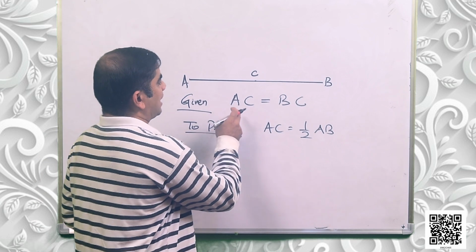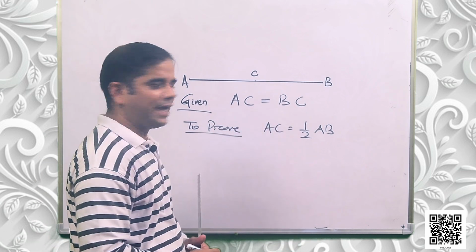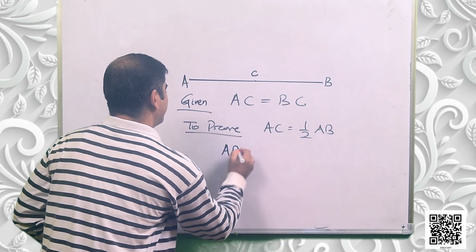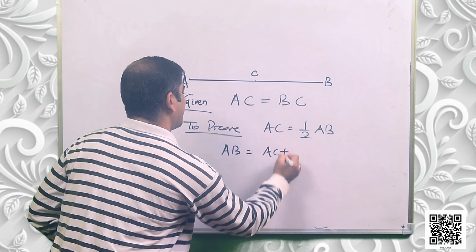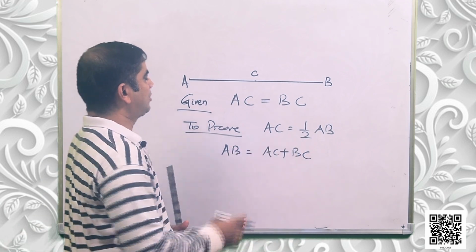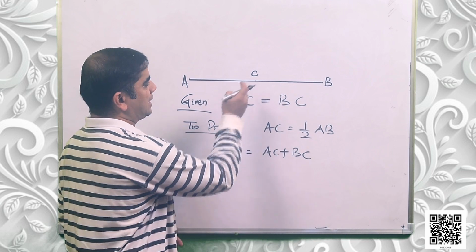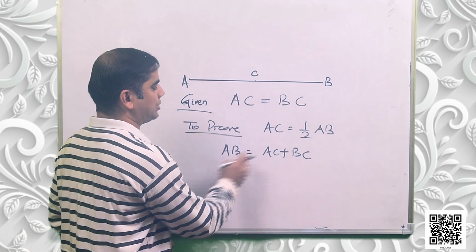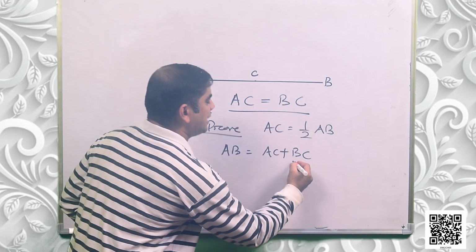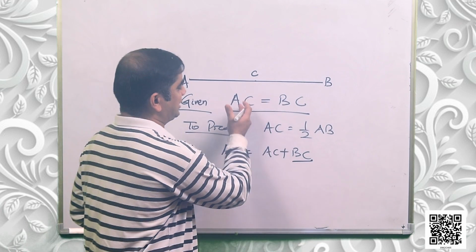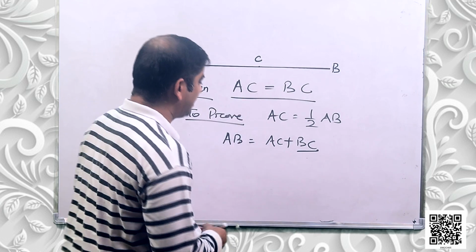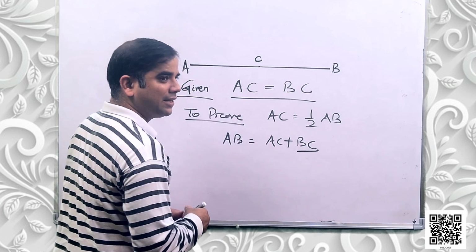So, AC is equal to BC. I can write that AB is equal to AC plus BC, because it is given that AC is equal to BC and C divides AB into two equal parts. As per the given data AC is equal to BC, I can replace BC with AC.